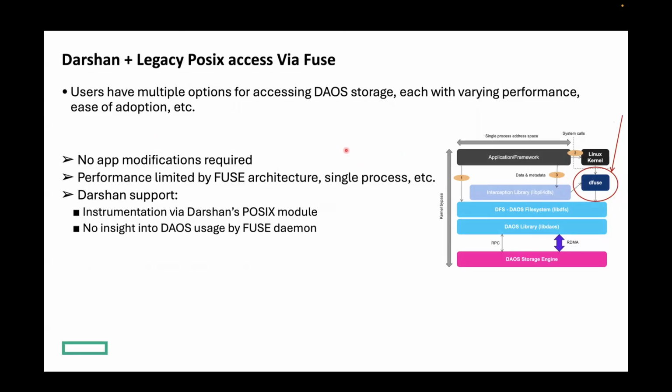Here is how to use Darshan with the first level of interface, the POSIX level. You just mount the POSIX container. The good thing with POSIX interfaces is that no code changes are required, and you can still use Darshan to instrument Darshan's POSIX module and get the details in the report. I'll show an example of how the report looks.